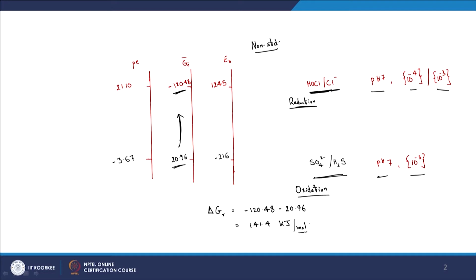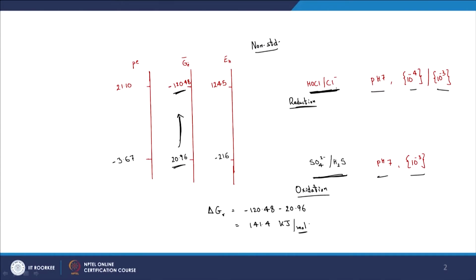So whenever 1 mole of electrons is transferred here from the couple SO4 2- and H2S to HOCl and Cl-, 141.4 kilojoules will be released during that particular redox process. I guess that helps understand the system in a slightly better manner too.